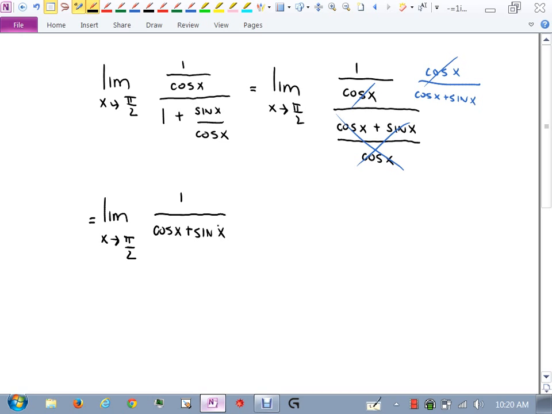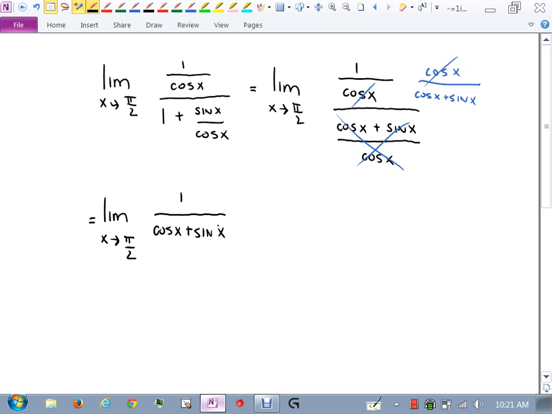What does this go to? Hold on. Don't say anything. Cosine of pi over 2. Can you tell us what cosine of pi over 2 is real quick? No pressure. You're not going to do it?